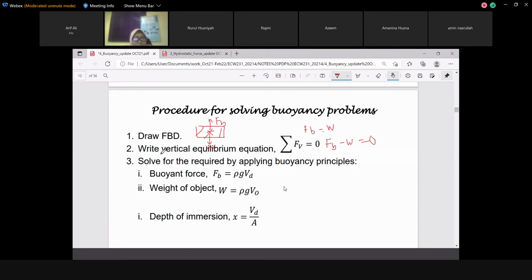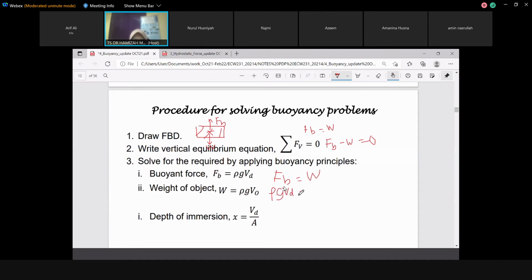Okay, and then we solve the required problem by applying the buoyancy principle, which is FB equals rho g VD. What this means here is FB equals W. FB is the buoyant force, so it has the density of the fluid, gravity, and volume displaced.